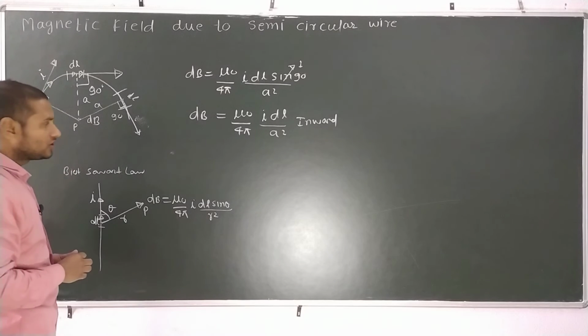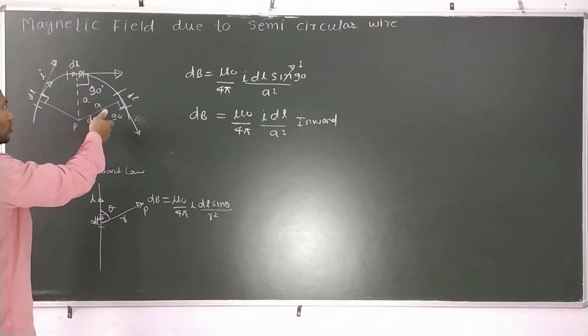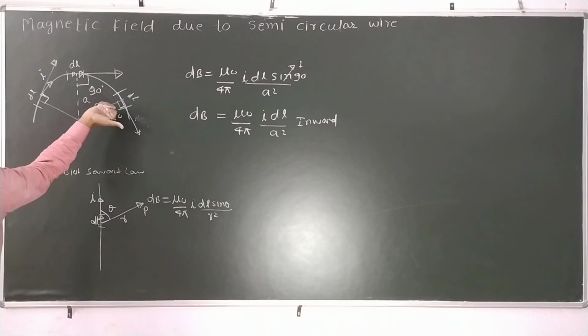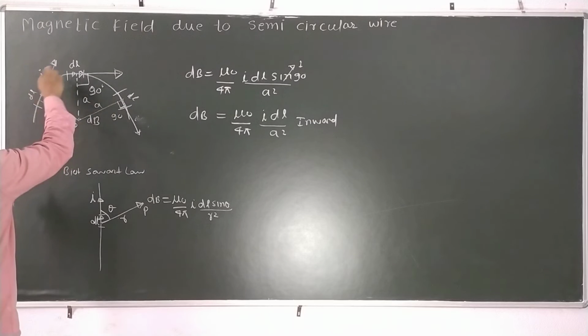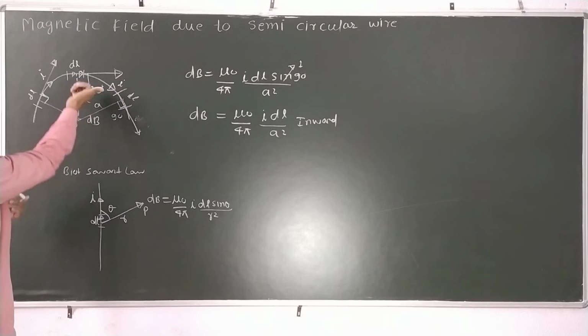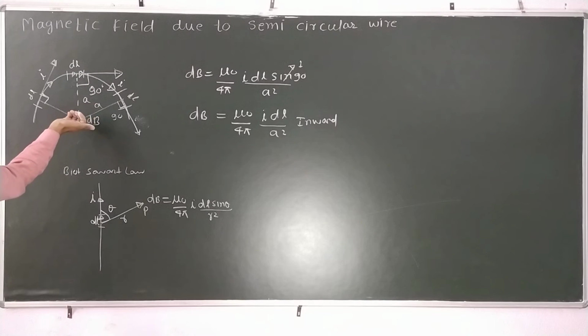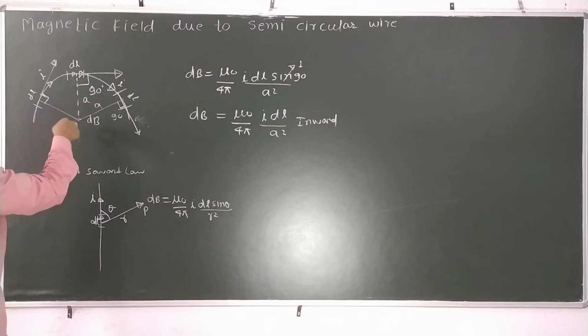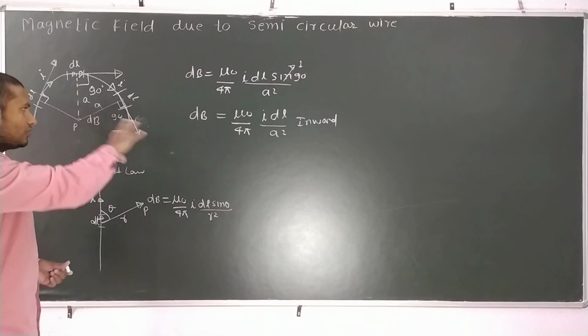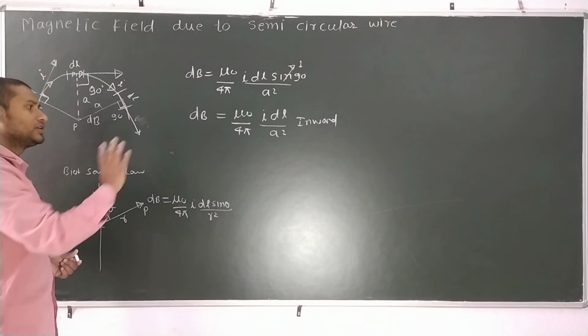With the direction of this dB, we place our thumb in the direction of electric current and curl our fingers. The dB is also inward. So the direction is the same for all elements, so we can integrate here.